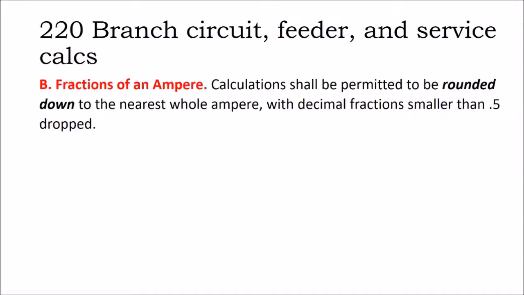You can do engineering calculations in code, and maybe engineering calculations even when not mandated, such as there commonly are at higher voltage, over 600 volt calculations. Maybe doing an engineering calculation and calculating the exact operating conditions can show that you can get away with a smaller conductor size. But generally in those circumstances, you're going to be erring on the side of oversizing rather than undersizing.